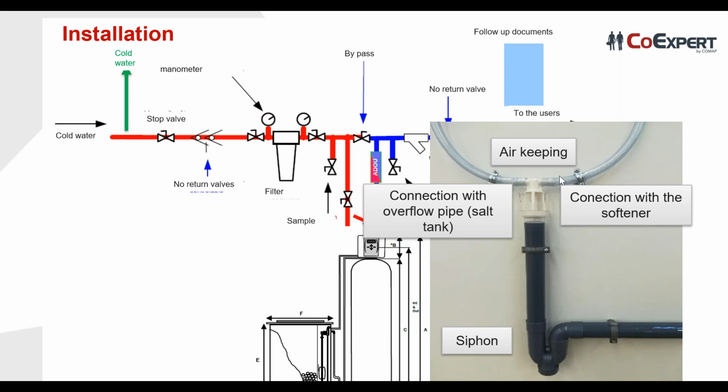The piece of equipment we have here is in order to put the installation at the atmospheric pressure. The purpose of this part of the equipment is to avoid polluted water running back to the softener. So it's really important to do it well.